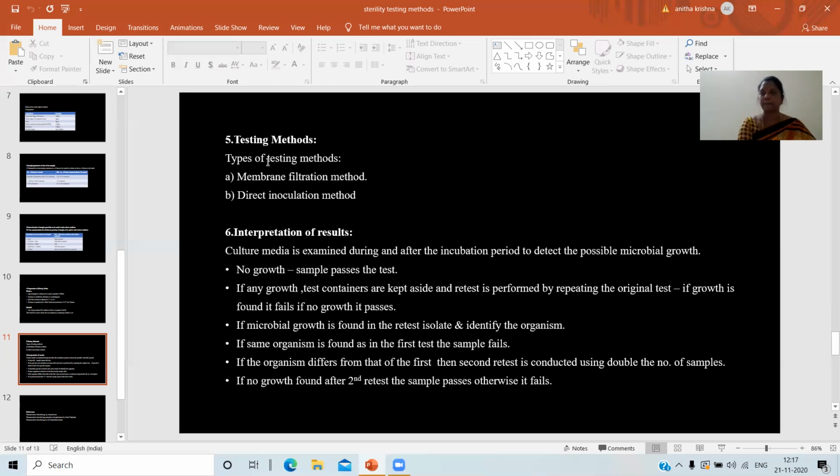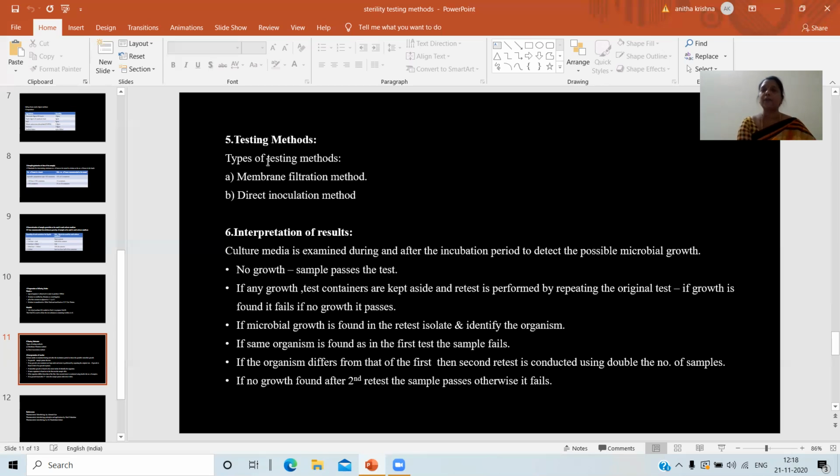Once the product is to be filtered, if it is a liquid, then you have to directly pour it. If it is oil or a viscous substance, then you have to dilute it with a suitable diluting fluid and then pour it.